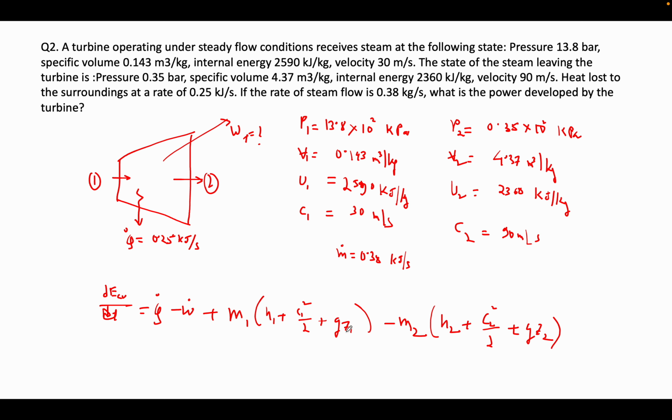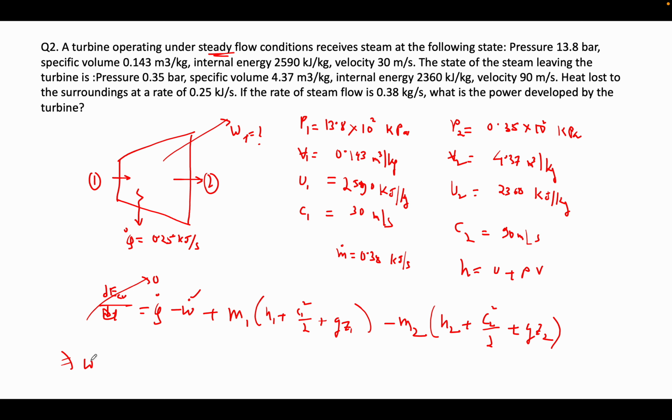Now we don't have H directly, but we know H is equal to U plus P into V. So we will put these values in. Since it is steady flow, as already given, this part will be 0. Now we need to calculate this one, so we'll put it aside.